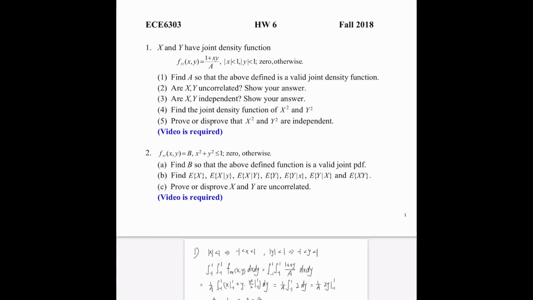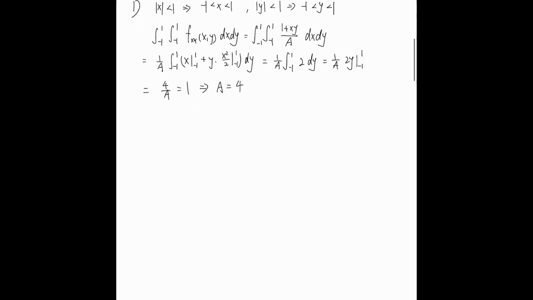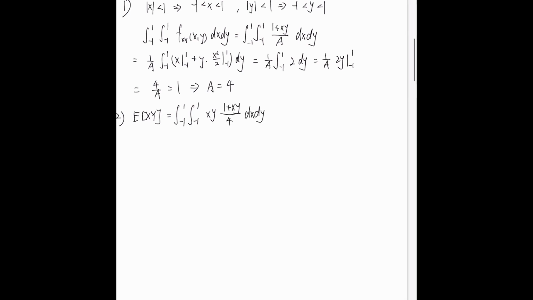Question 2. Are x and y uncorrelated? E of xy equals integral -1 to 1, integral -1 to 1, xy times (1 plus xy) over 4 dx dy equals 1 over 4, integral -1 to 1, integral -1 to 1, xy plus x squared y squared dx dy equals 1 over 4, integral -1 to 1, y times x squared over 2 from -1 to 1, plus y squared times x cubed over 3 from -1 to 1, dy.